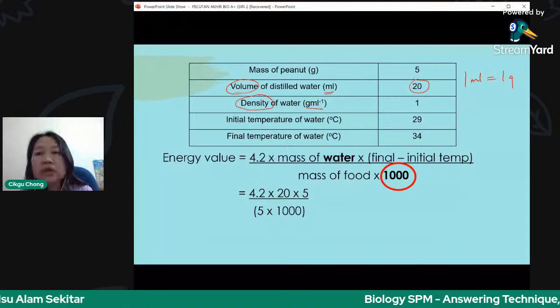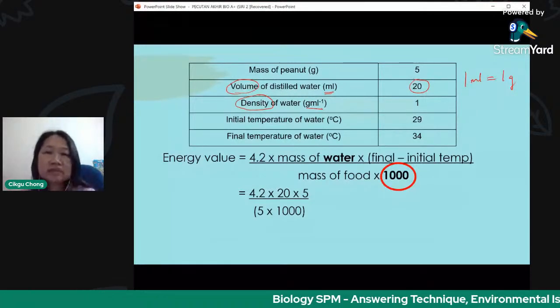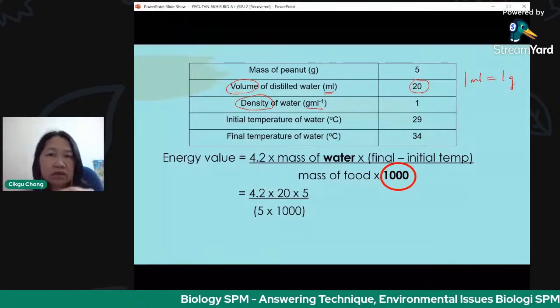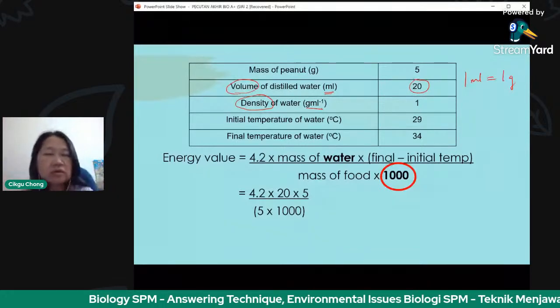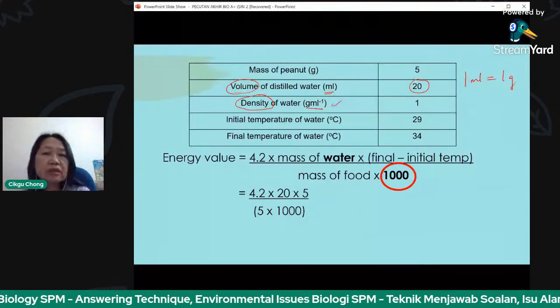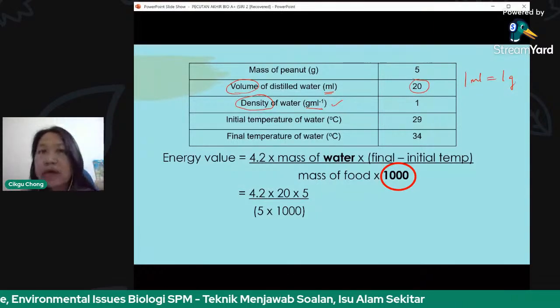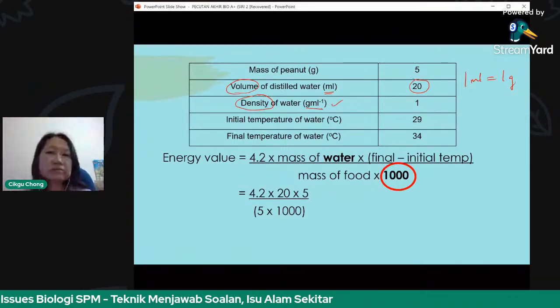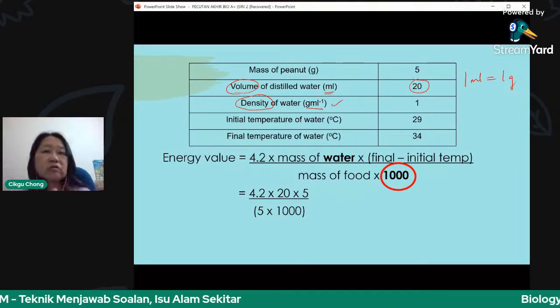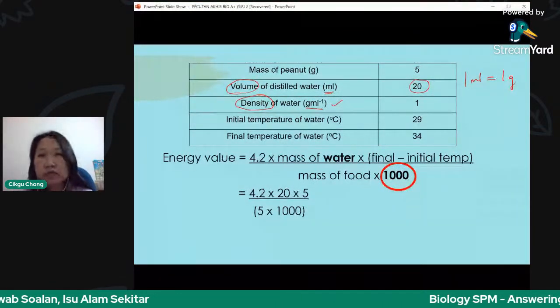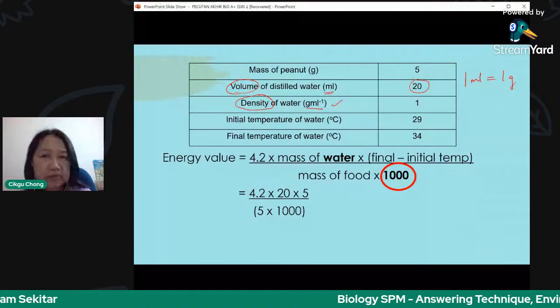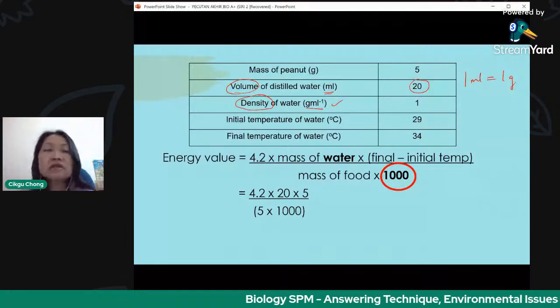That's the meaning of density. You have this much water in terms of volume, and the mass will be 1 gram per ml. Because of this, you can directly use your 20 ml as 20 grams. No need to do any calculation. 20 ml of water is definitely 20 grams because the density of water is 1 gram per ml.